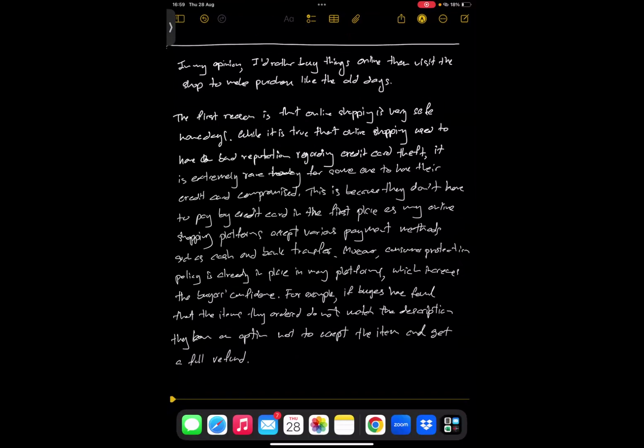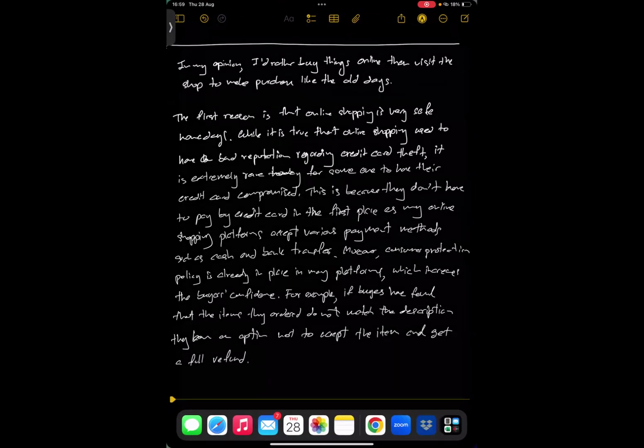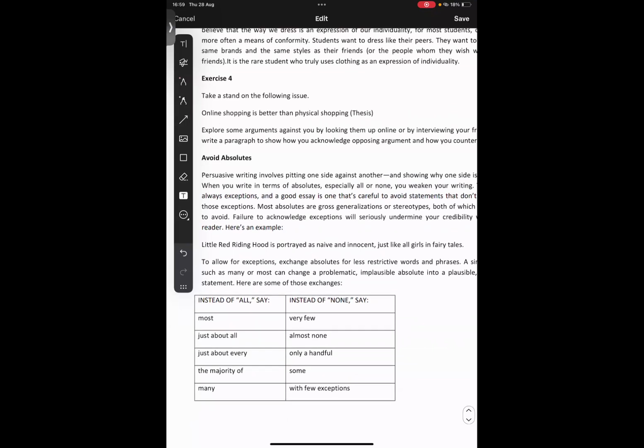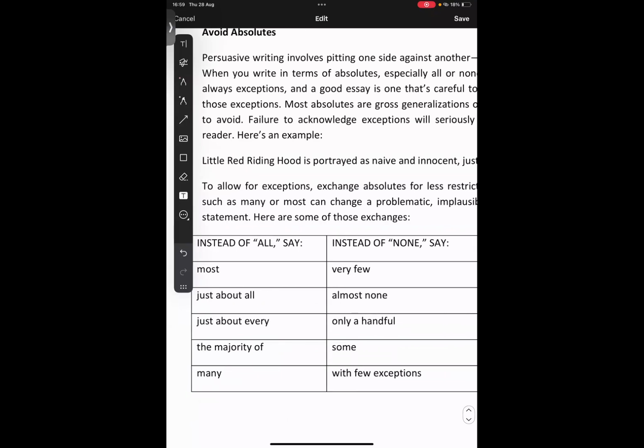Now, the last strategy is not that big of a deal. It's all about avoiding absolutes. Absolute words like all or none. You want to avoid words like all, every or none, because they make a very strong assumption that everything is 100%, but in the real world, not everything is 100%.